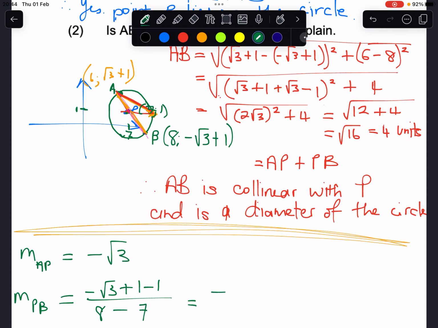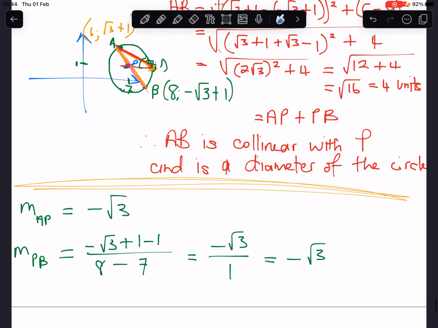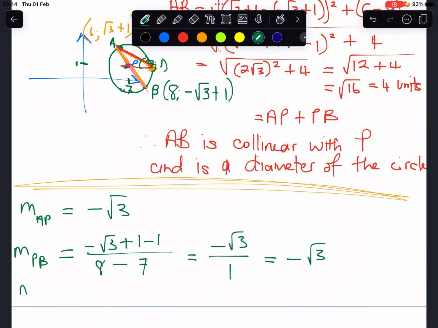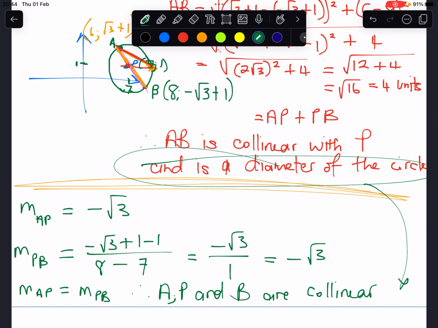So that's going to be negative root 3. And over here we have the 1, which is negative root 3. And so what we've shown is that the gradients are the same. M_AP is the same as M_PB. And therefore A, P, and B are collinear, right? And then same conclusion as before. So AB is a diameter of the circle.